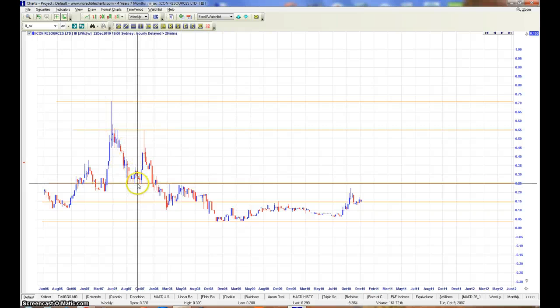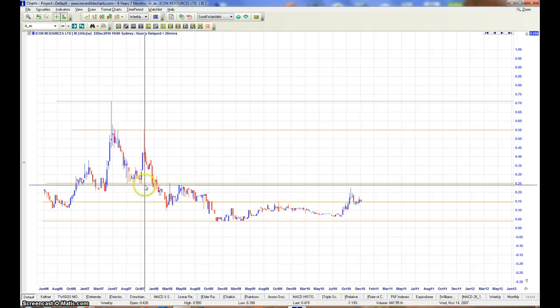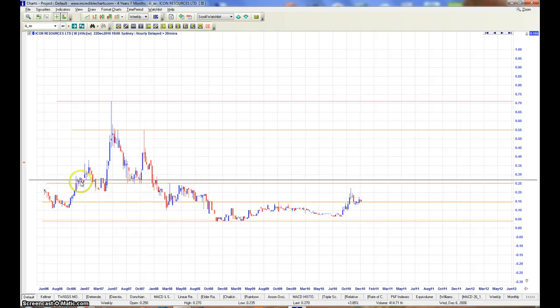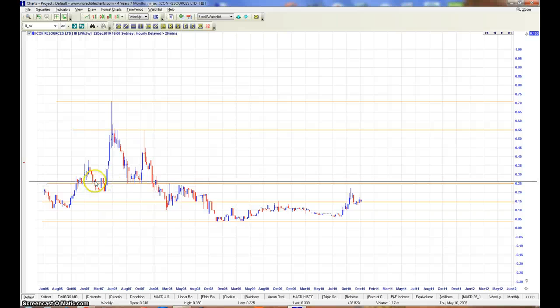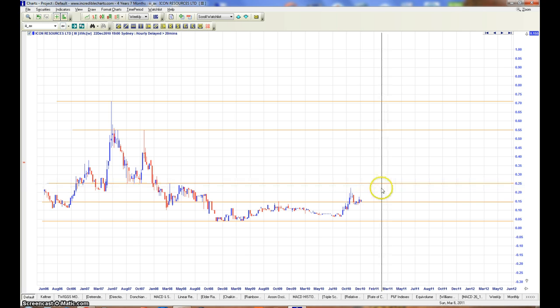It's come down to this 25 cent as a support line, and there's been some price action around there before that as well. There was a resistance line there, and I think that's the immediate price to look at short term.